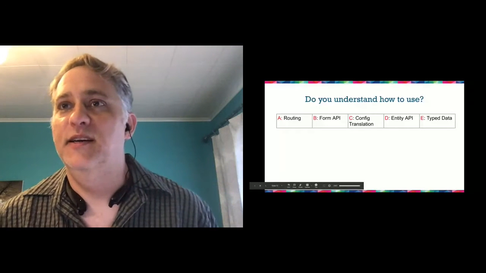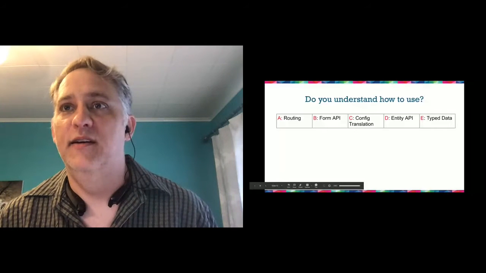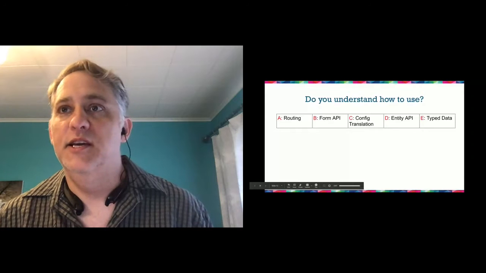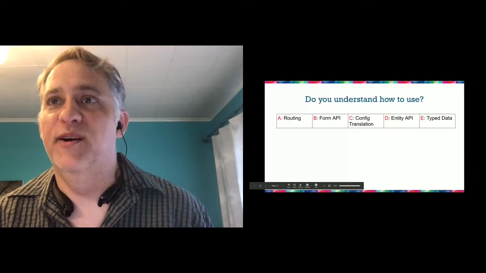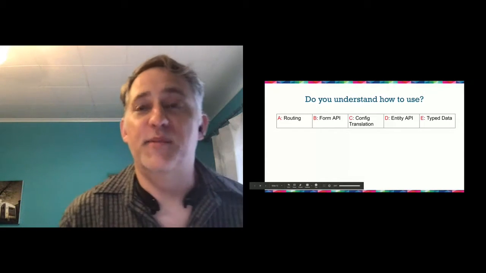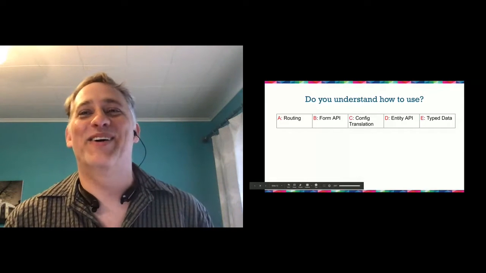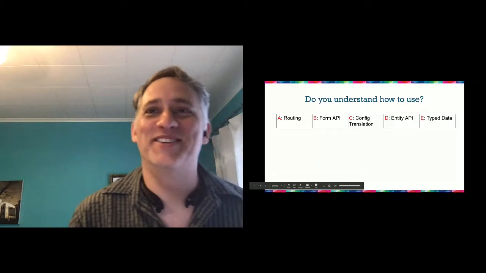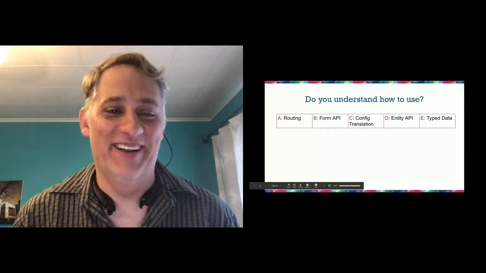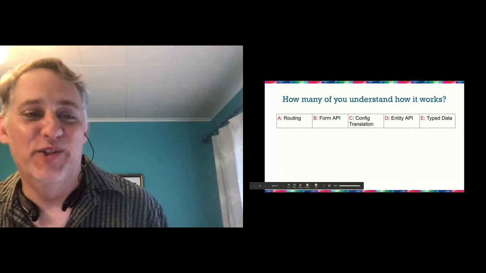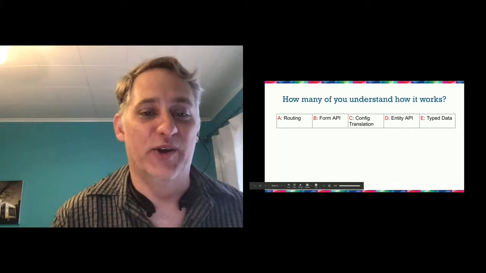It's A, B, D, getting a lot of A. A and B and D seem to be popular answers. Somebody answered C. It went by really fast, but oh, Gabor. Gabor only understands C. I don't believe that, but okay. All right. How many of you understand how these systems actually work under the hood?